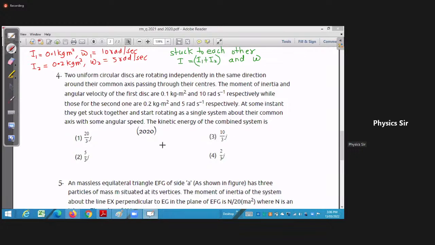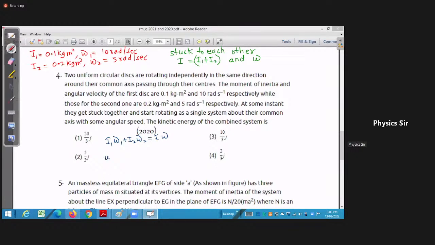So as they are sticking to each other, I can write a formula that I1 omega 1 plus I2 omega 2 will be I into omega.